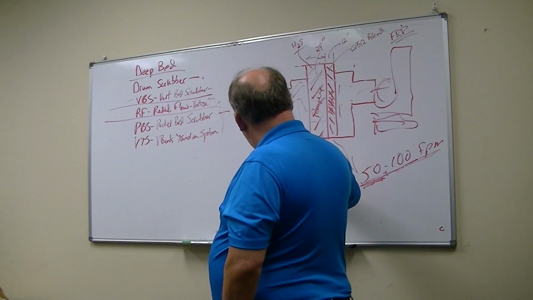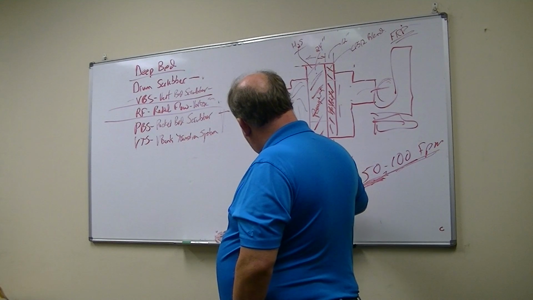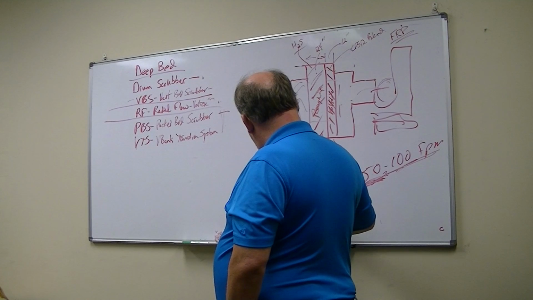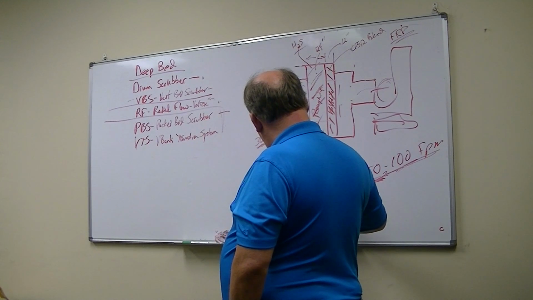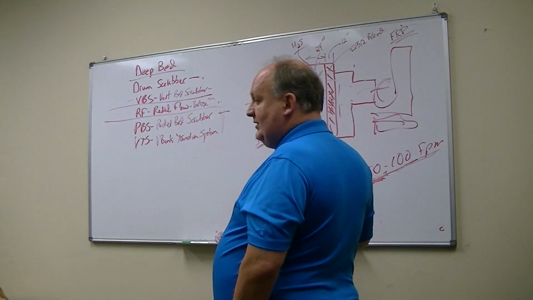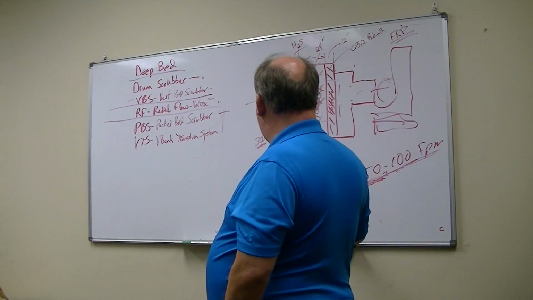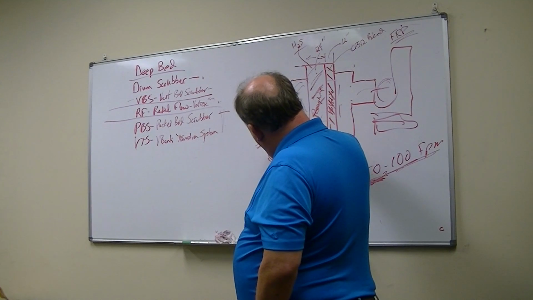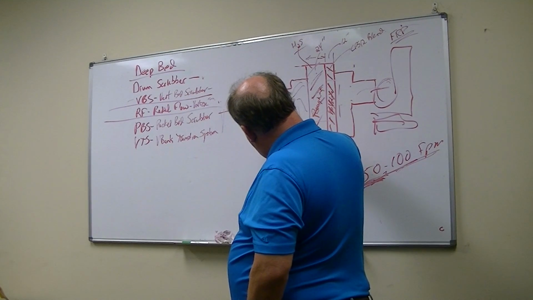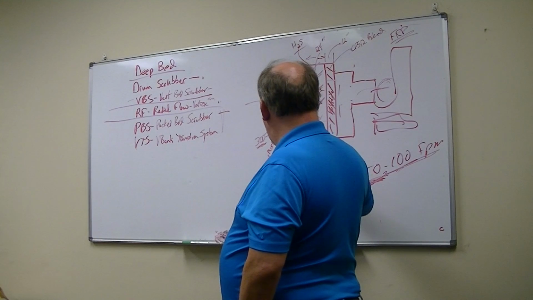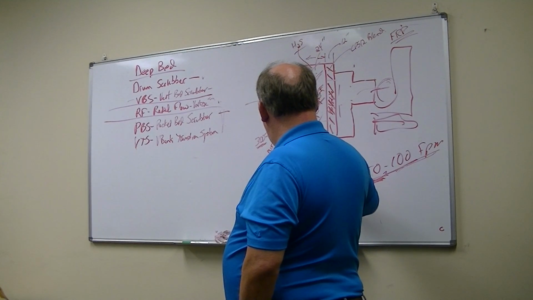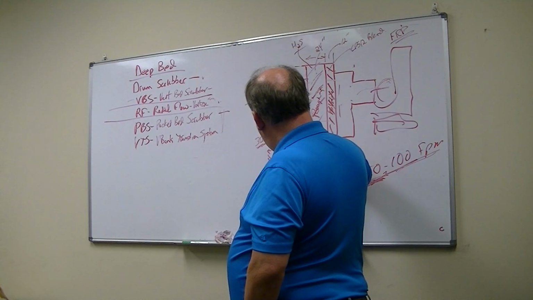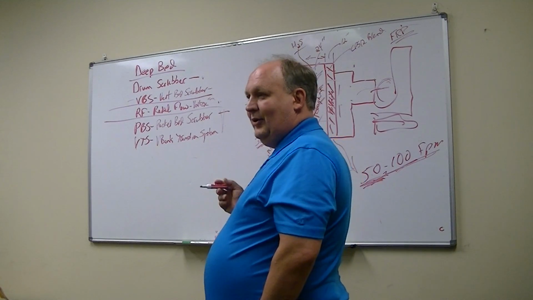And then on the inside, we have these polyfiber fibers. The outside ones are for mist, and the inside is for grease. I hope I have that right, but I think I do.